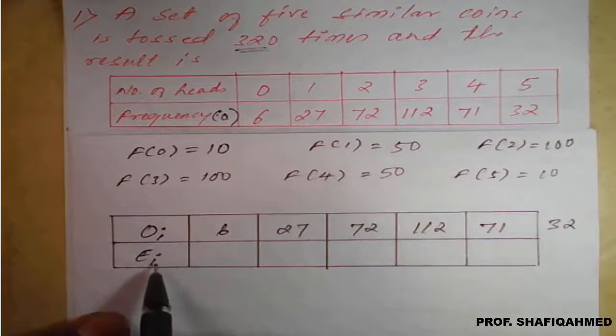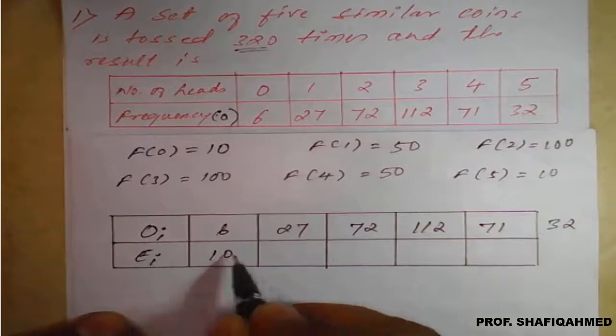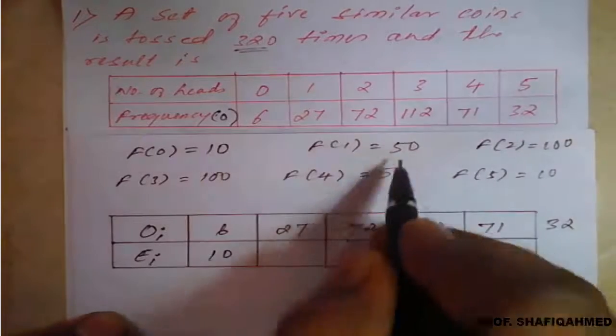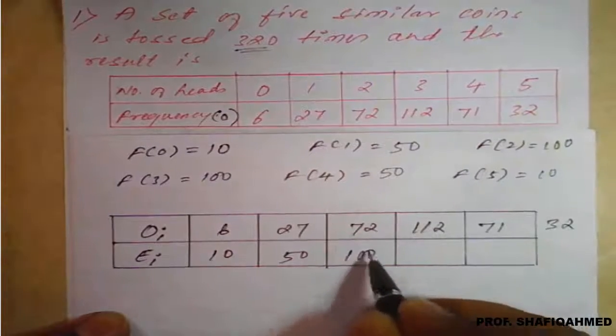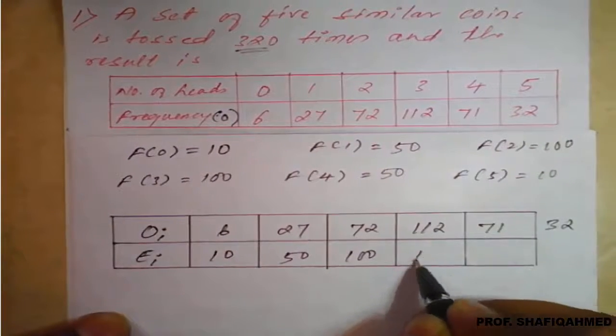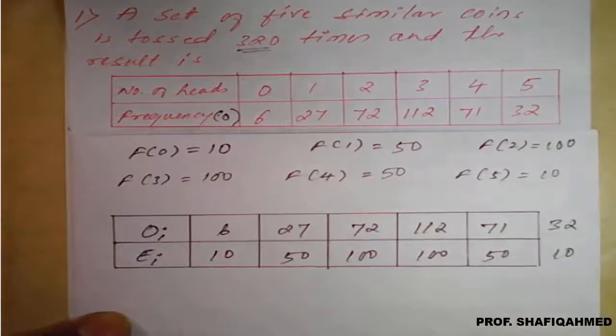Similarly we got expected values or theoretical values: 10, 50, 100, 100, 50, 10.